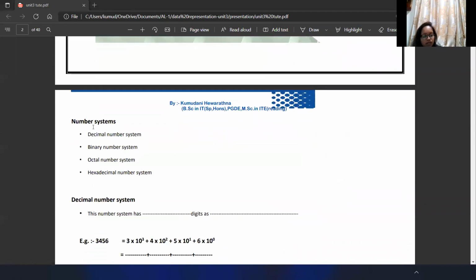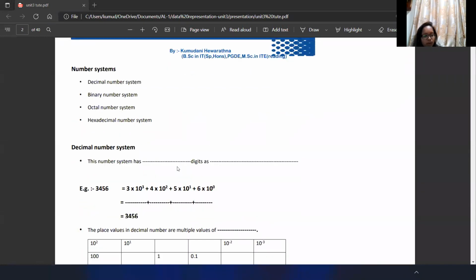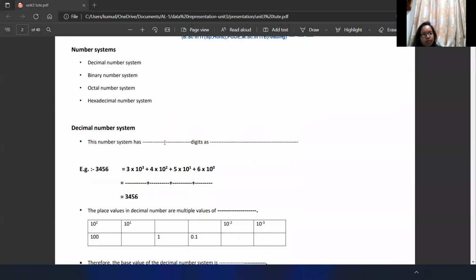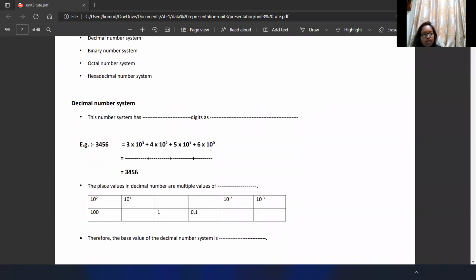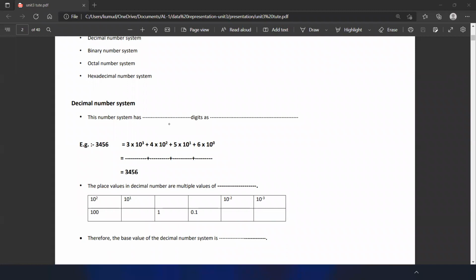Right. For the number systems, there are 4 number systems given here, and we will fill out this information in the tutorial, right? Decimal number system. This number system has how many digits? 10 digits. Yes.